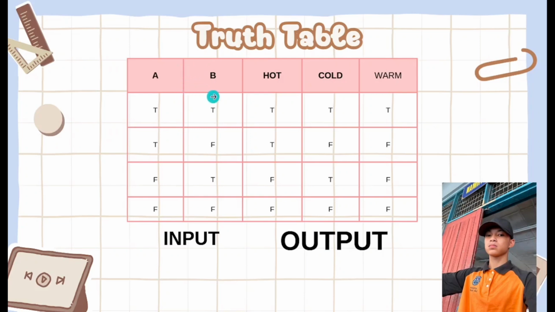In the first column for A, it has two values, true and false. For B, true, false. For hot, true, false. Cold, true, false, and warm, true, false.